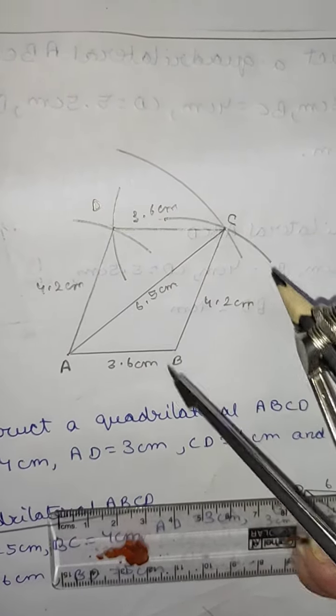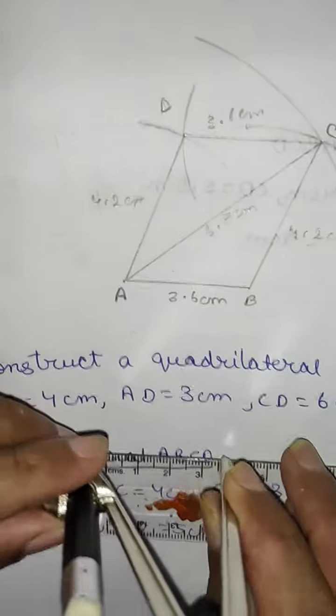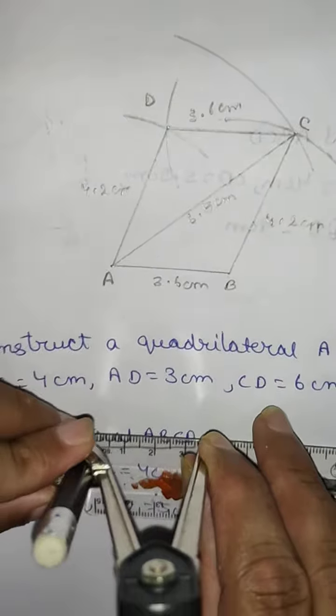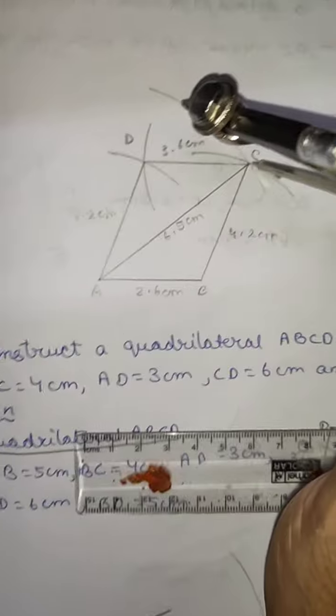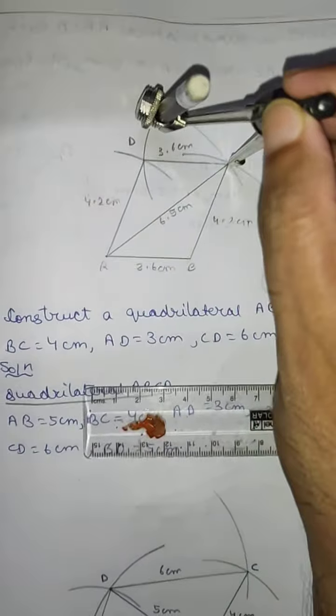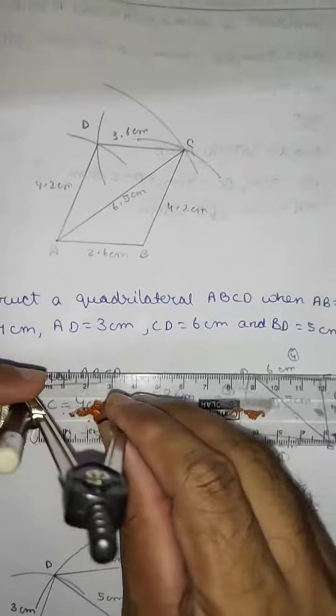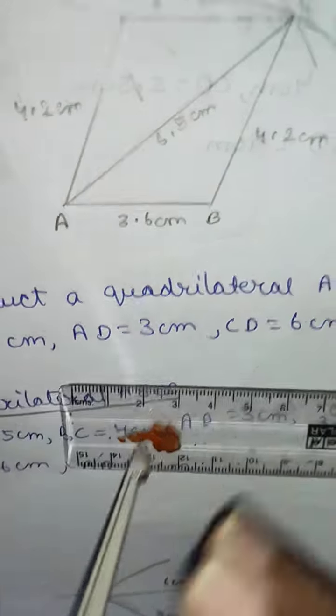Now your fourth step 3.6 is the measurement, that's your CD. So take the measurement 3.6. From C point you just make this arc. Another measurement 4.2. Take the measurement 4.2.